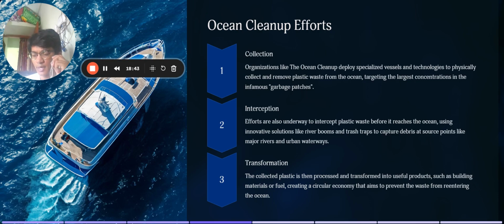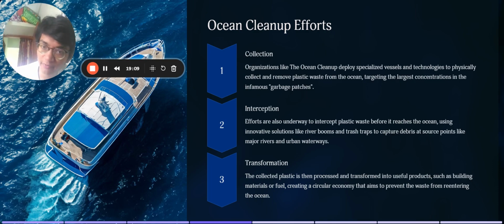Sometimes before I've seen bricks made out of plastic. So imagine the waste of plastic that goes in the ocean. We take out that plastic, or we intercept plastic going towards there. We take it, we make bricks out of it, and now we can use those bricks to make houses.